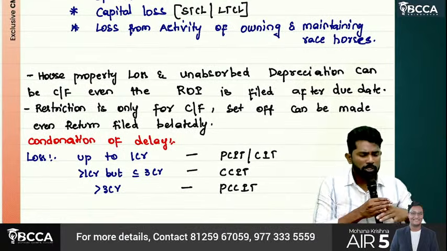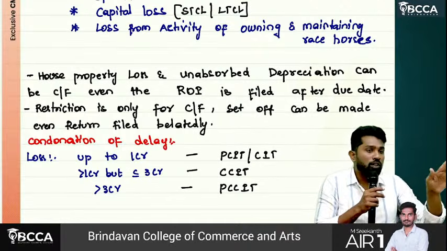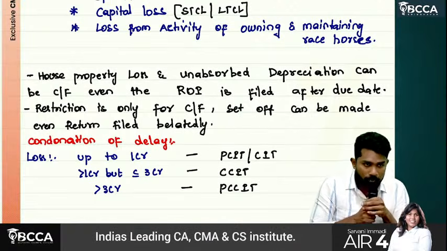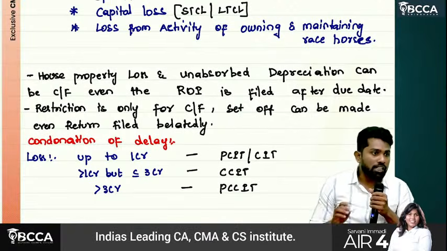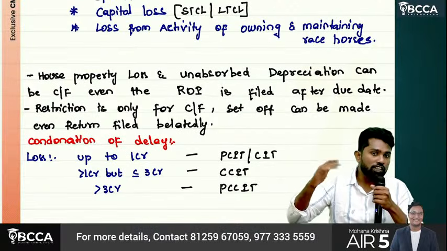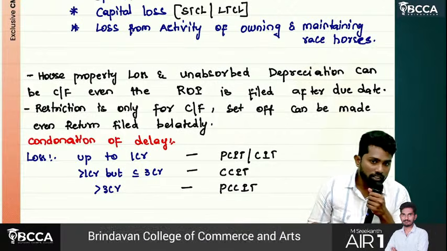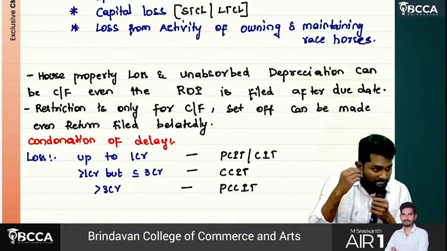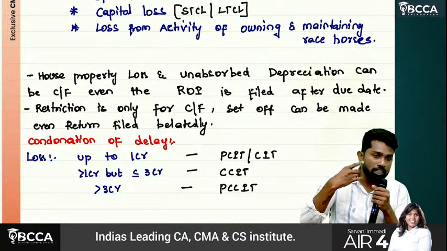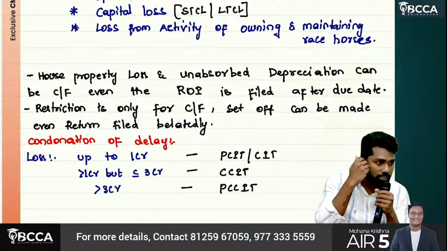Okay. But condonation of delay. Sir, because of some genuine reason, you cannot file the return. Let's say, for example, on the due date, 31st October, you are trying to file the return. But there was some technical issue, some server issue. You cannot file the return by midnight.